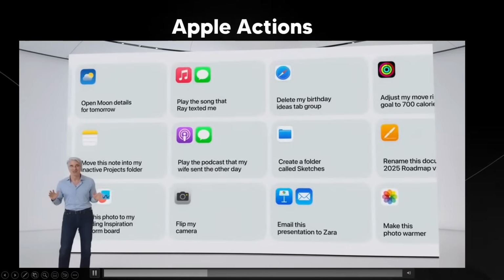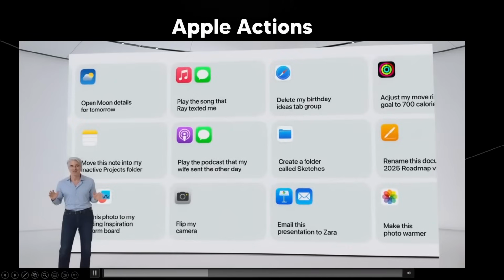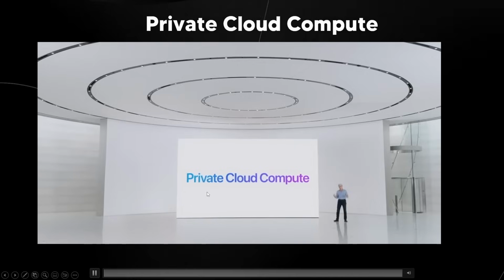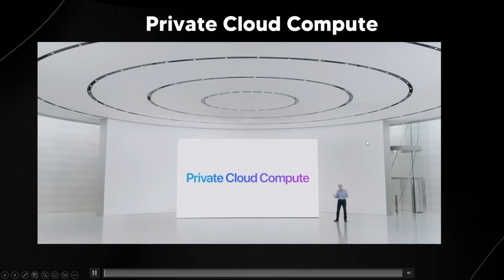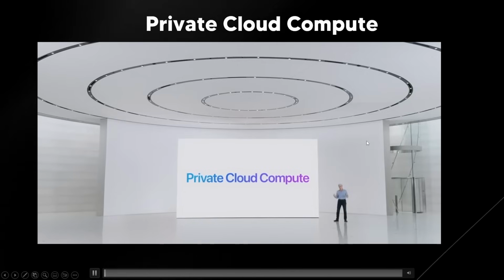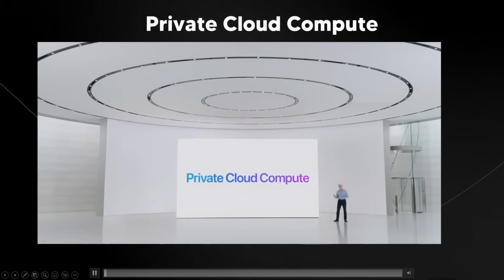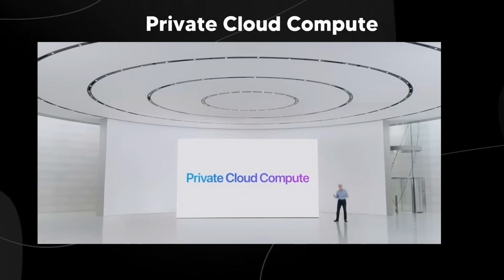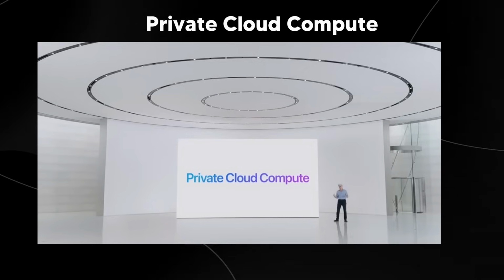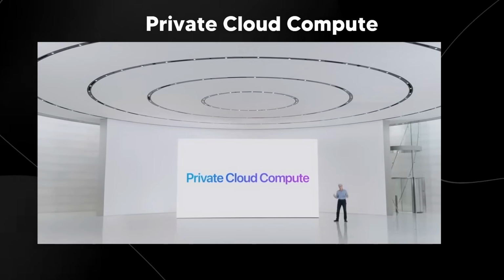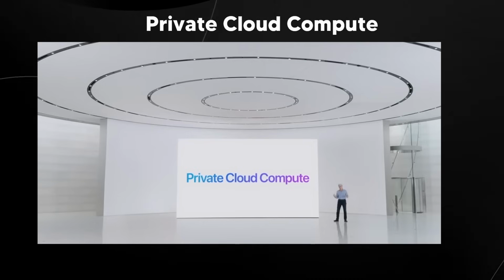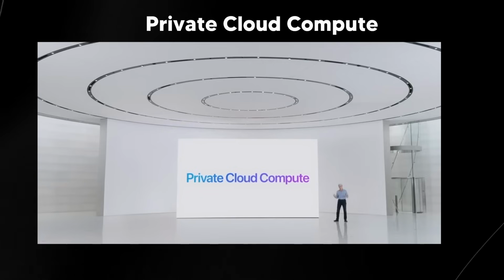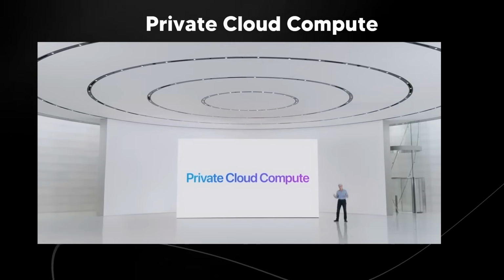And this is, of course, all on device, which is powered by their private cloud compute. This was something that they essentially spoke about, where they said that whatever kind of data you're using, whatever you send to the iOS cloud, and you compute it if it does need the cloud compute and it's not on device, all of that is going to be incredibly and remarkably secure.